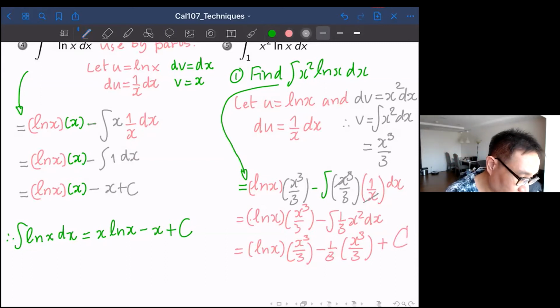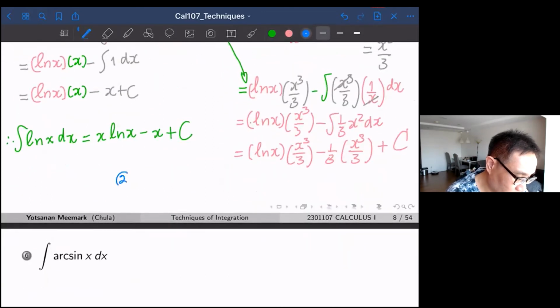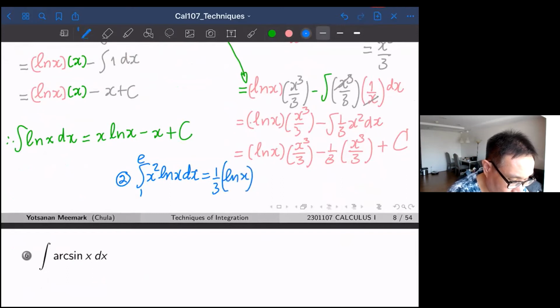So the next step, we're going to plug in. So the second step, you have the integral from 1 to e of x squared log x dx. So it's going to be just 1/3, okay? And you have log x times x cubed minus x cubed over 9, from 1 to e.